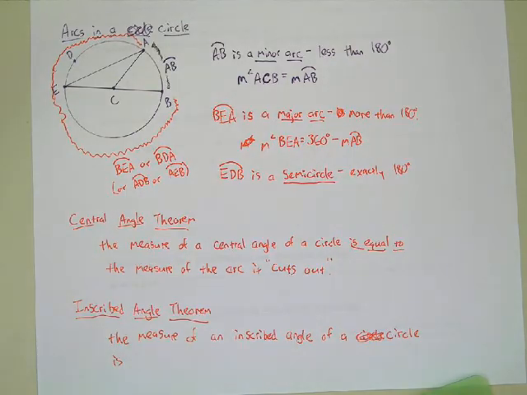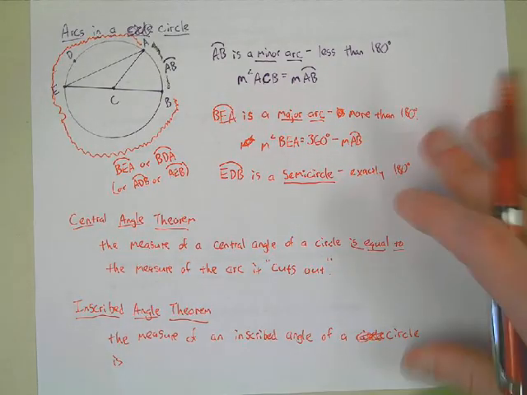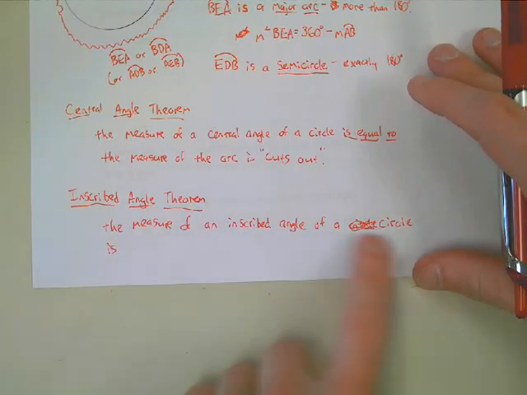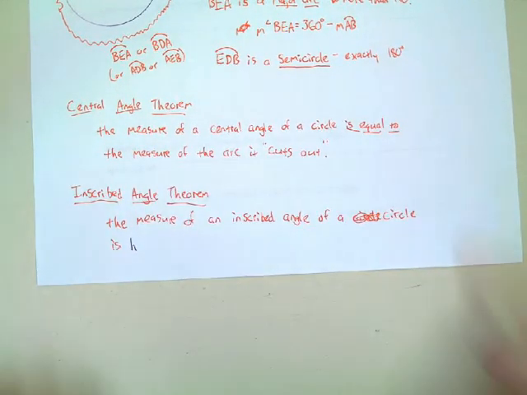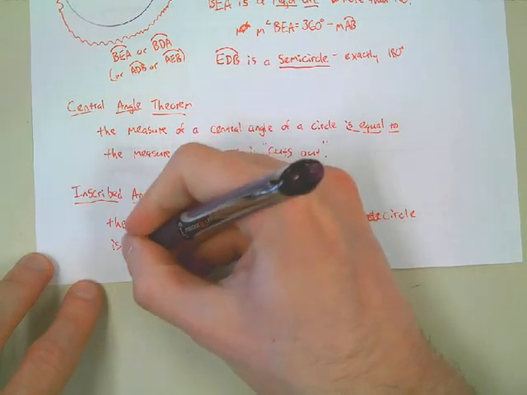So if arc AB is 50 degrees, the central angle will also be 50 degrees, but the inscribed angle will be 25. Half. So, the measure of an inscribed angle of a circle is half the measure of the arc it cuts out.